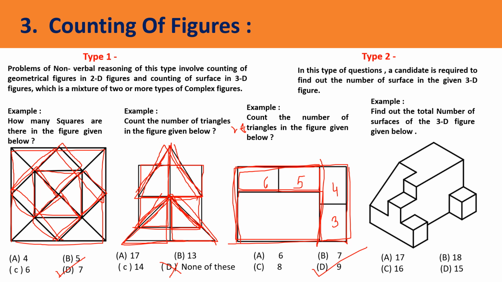Then in this we have to find out how many surfaces are in this 3D figure. Let us count the surfaces. When you are given such a question, you have to first calculate the front surfaces, then the back surface, top surface, bottom surface, right, left, likewise. Let us start with the front surface. You have this 1, this is your 2 and this is your 3, right?